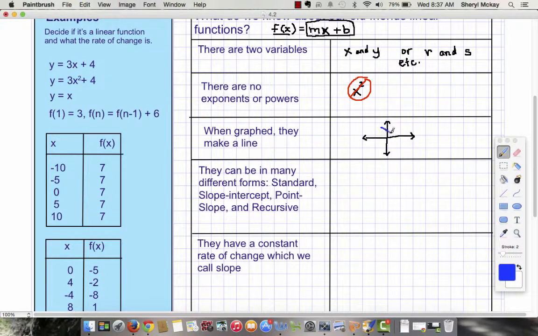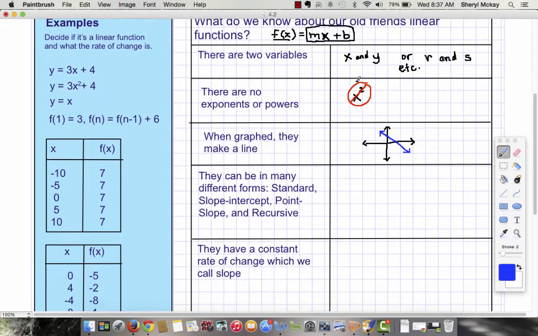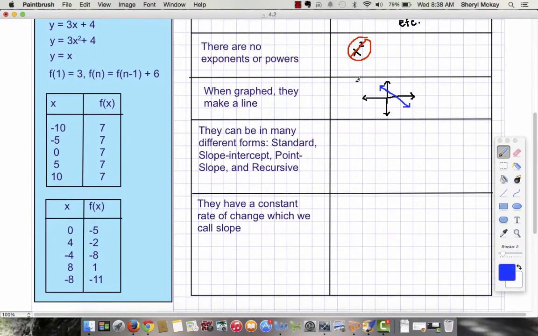I'm going to draw my line this way. Okay? So we always get a line when we take a value for x. When we were up here with our function, if we had a bunch of values for x and we plugged them in and we got an f of x or a y, when we plot all those points and we connect them, we make a line. Okay, so that's another thing. When graphed, they make a line.